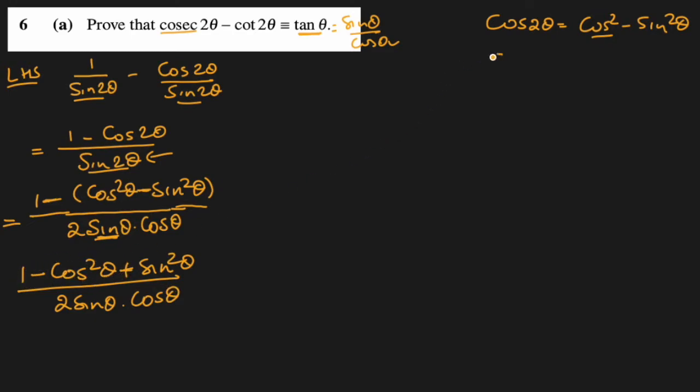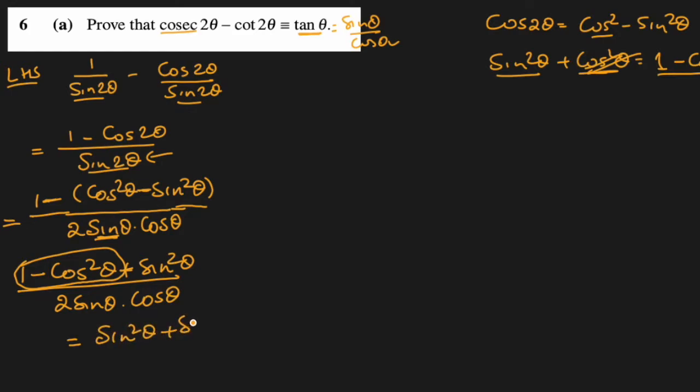This is another identity: sin^2 θ + cos^2 θ = 1. So cos^2 θ can be brought to the right side, so sin^2 θ is 1 - cos^2 θ. So I will write sin^2 θ in place of this. So what do we get? Sin^2 θ + sin^2 θ over 2 sin θ cos θ.